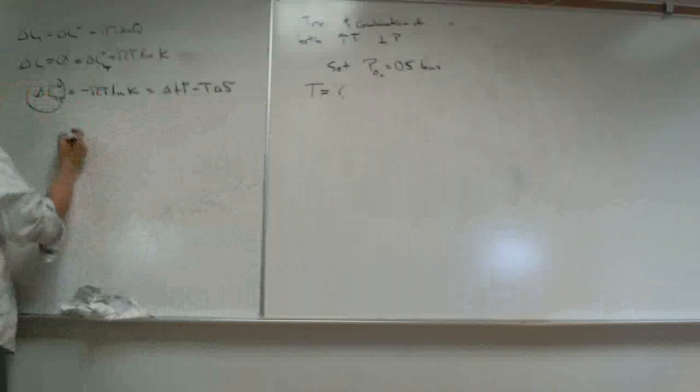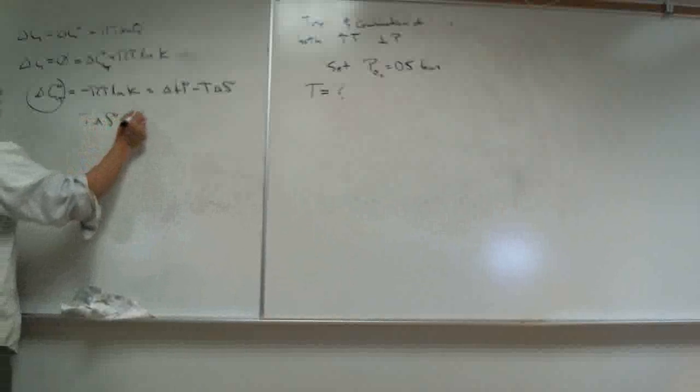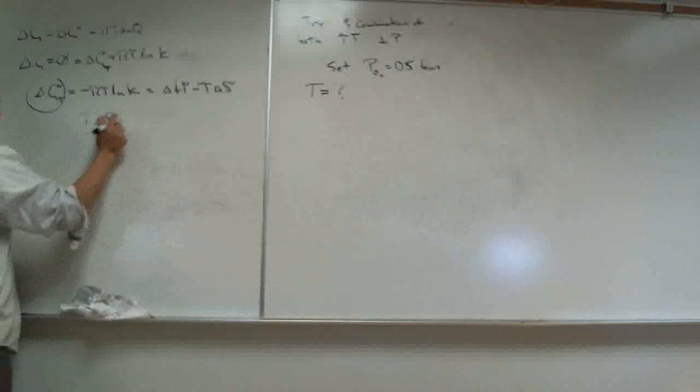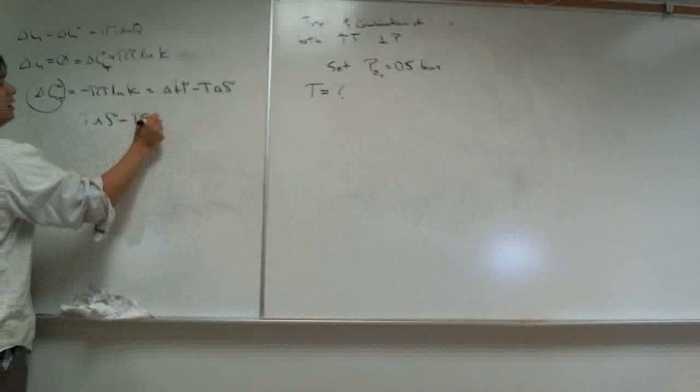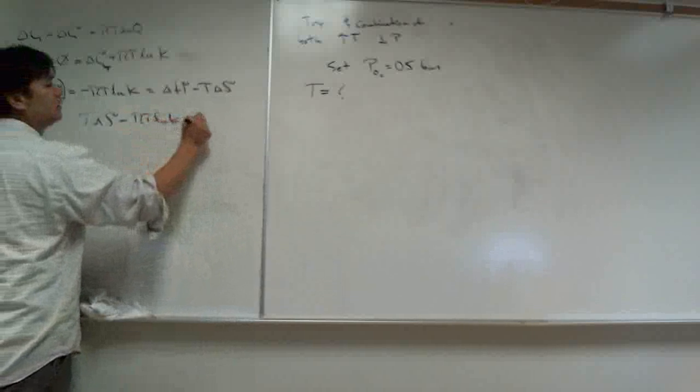And so we'll get the temperature on one side: T delta S naught minus RT ln of K is equal to delta H naught.